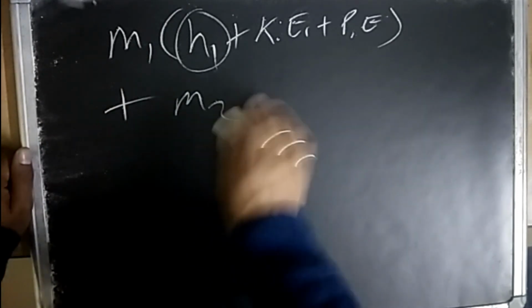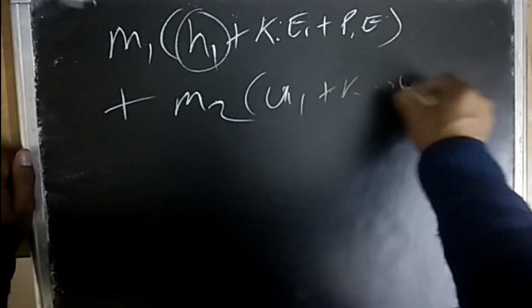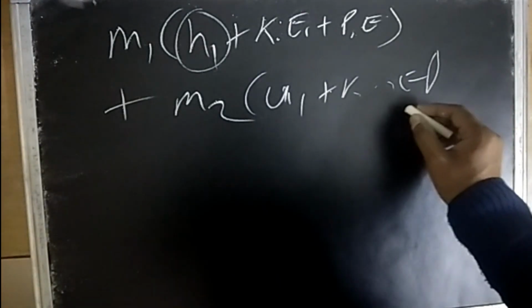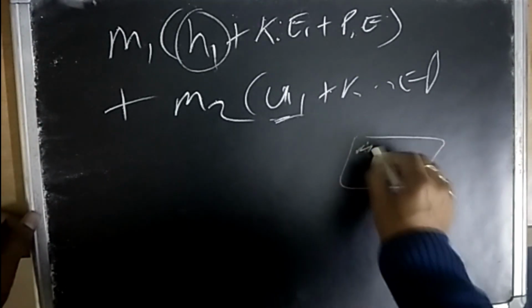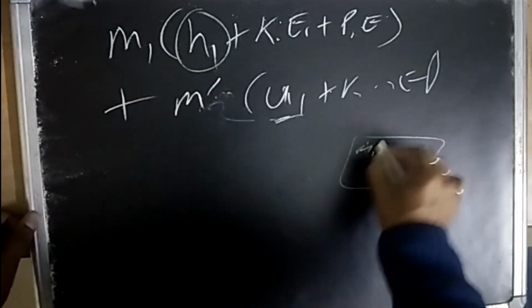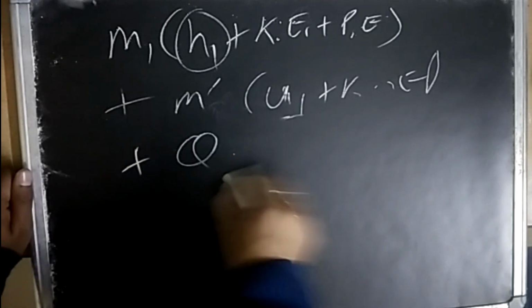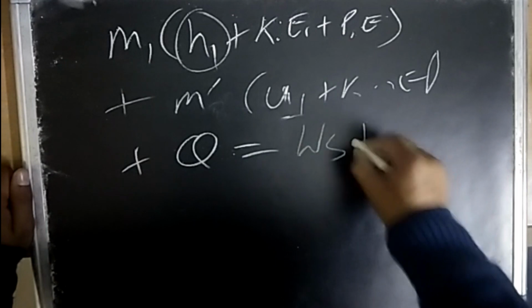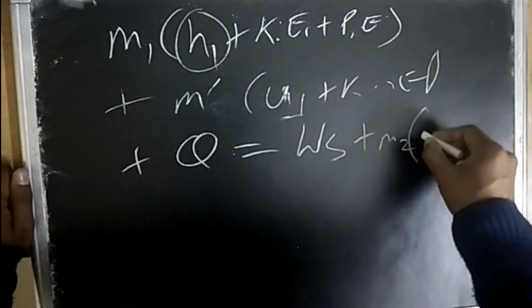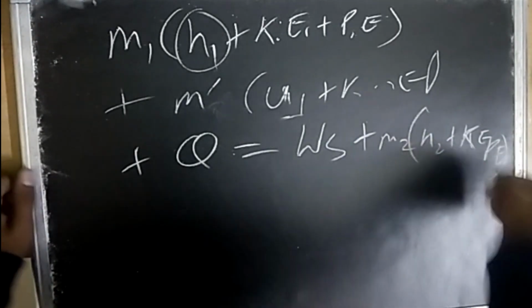Plus M2 into again U, this will be U1 plus KE PE. Why? Because here this is in the system itself. M dash is already in the system, it's not flowing out. So M dash plus some heat that is coming in and shaft work going out, plus M2 is the final thing that you saw, H2 plus KE PE.